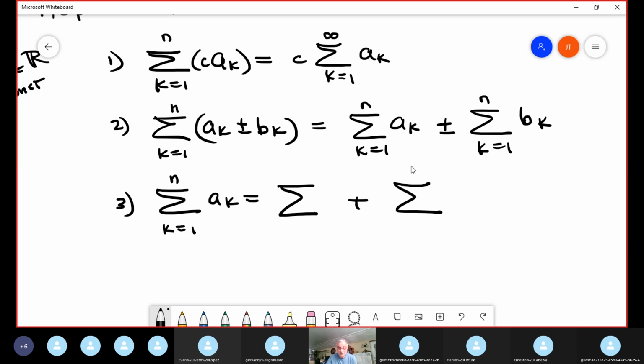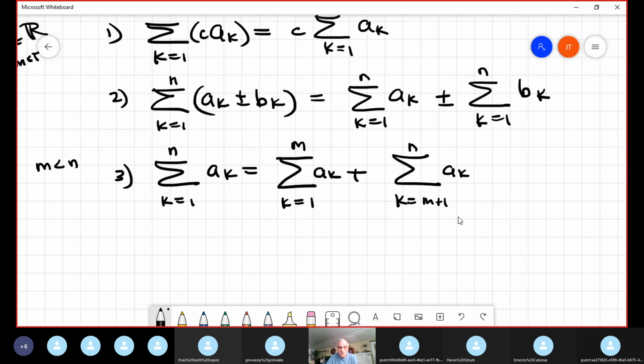One summation, of course, of the same element, a sub k, starting at 1, like that, and ending in m. I suppose that m is less than n, no? Suppose that this is 100 and this is 50. You separate in two, no? 50-50 or 40-60, whatever you want. So the new summation starts from m plus 1 to n, okay?